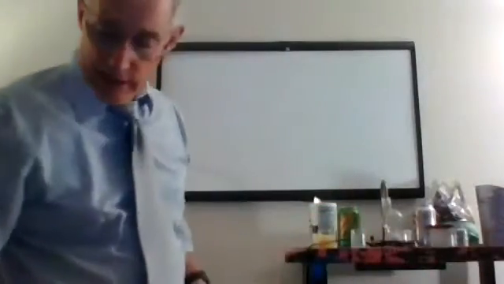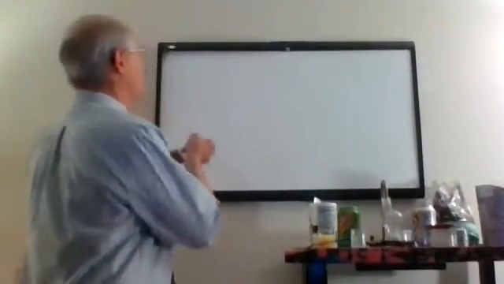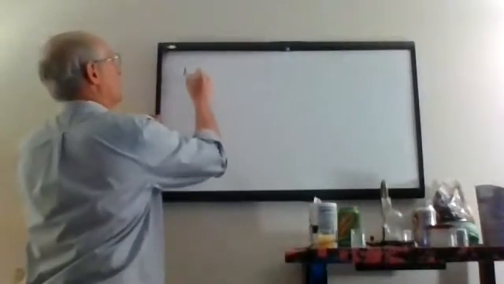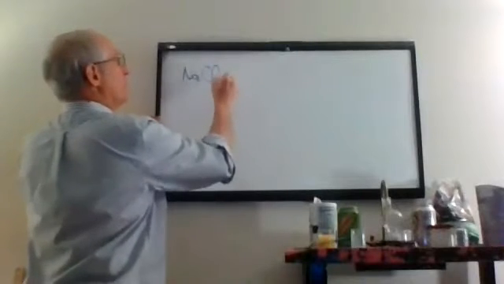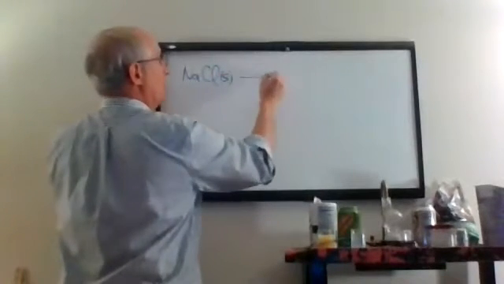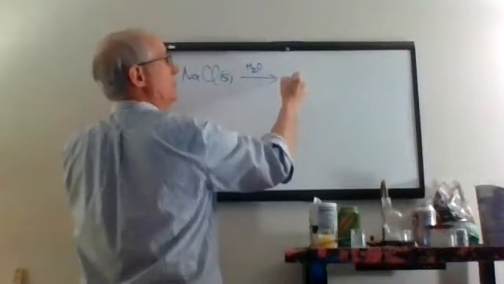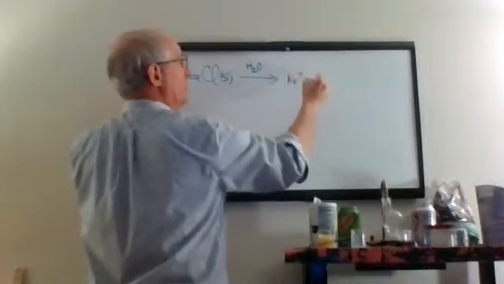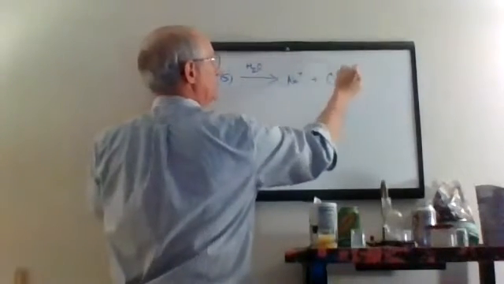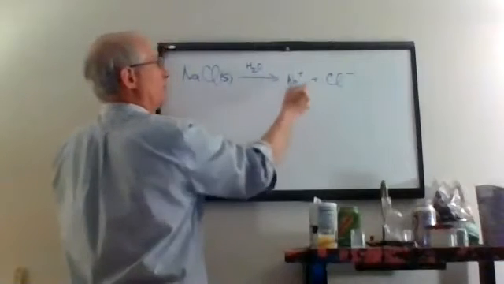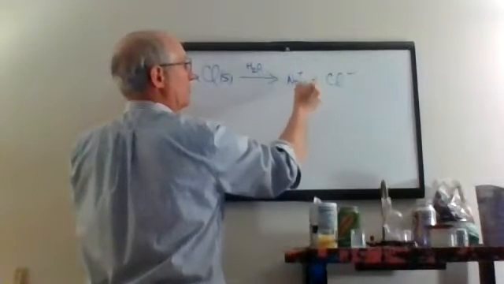The particles of salt, which are NaCl solid particles, when you put them in water, break down into sodium ions and chloride ions. And those are dissolved in water, so we'll call them aqueous.